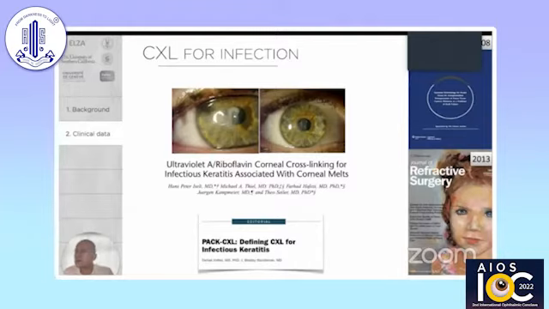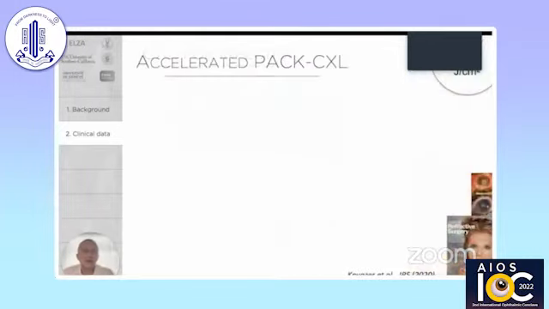What we tried soon was to accelerate the treatment based on our laboratory findings, but as you can see here, we always stayed at the 5.4 joule that came with the original Dresden protocol for keratoconus.